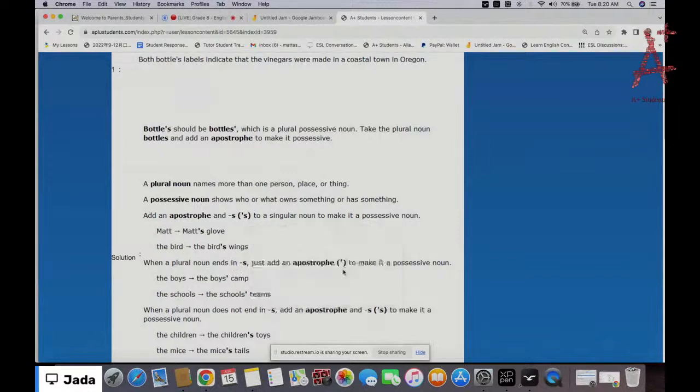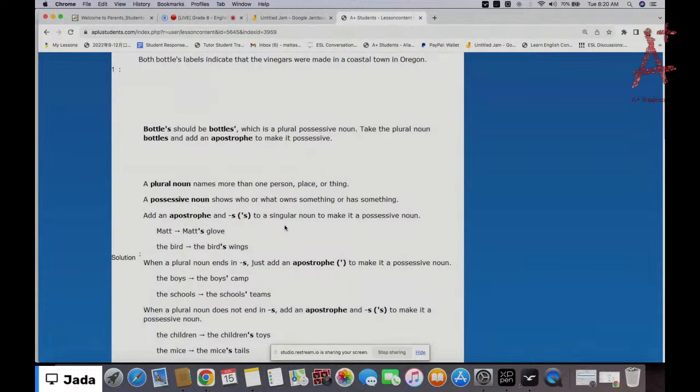But when a plural noun ends in s, just add an apostrophe. So when the plural ends in s, just add an apostrophe to make it possessive. You add the apostrophe outside, after the s, not before the s.